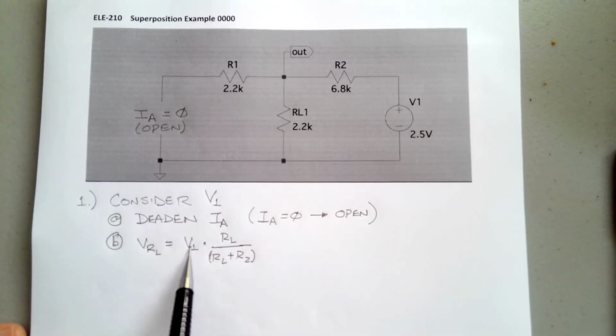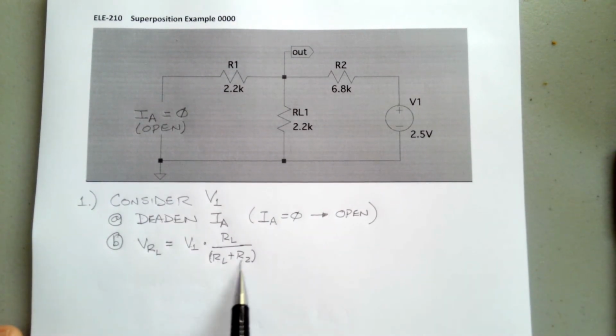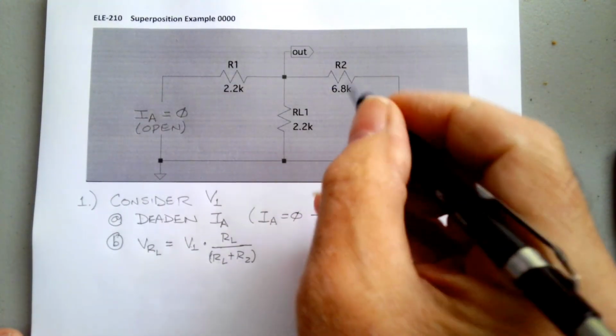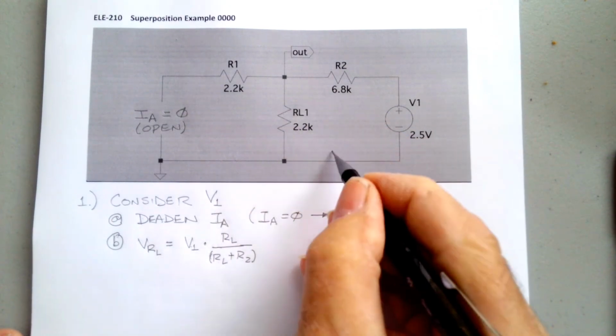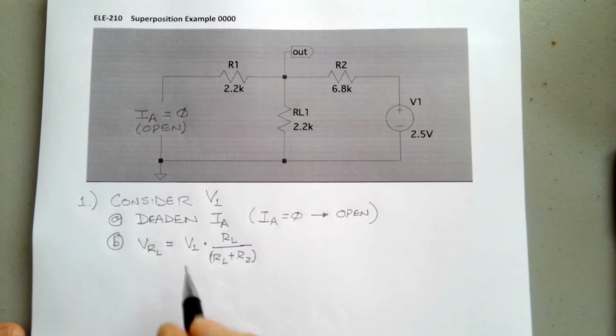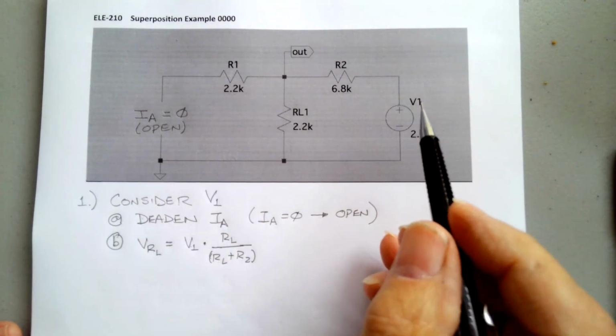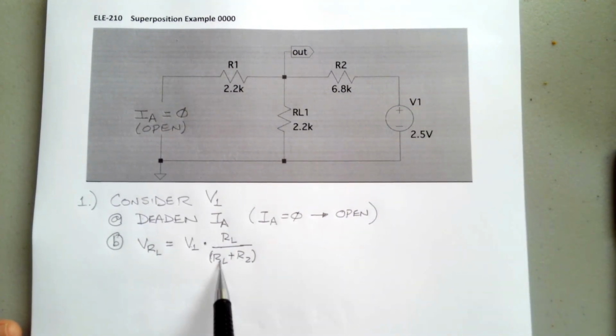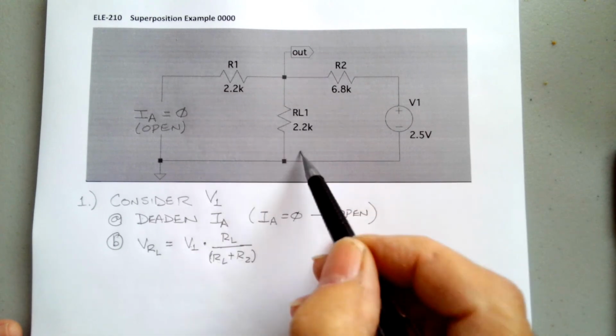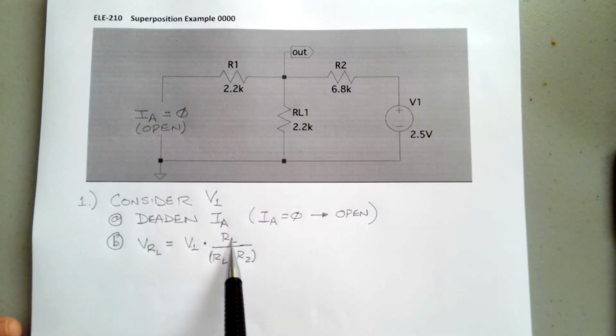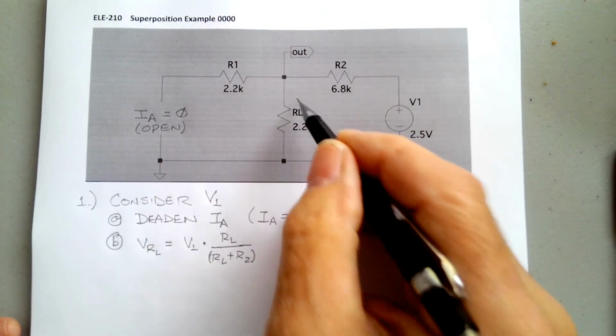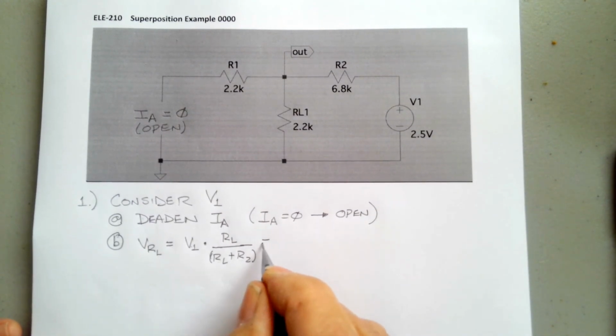Well, again, V1 divided by RL plus R2, that's the current. It's actually the current that's flowing here. So V1 over RL plus R2 is the current flowing here. When you multiply that times RL, you get the voltage across RL.